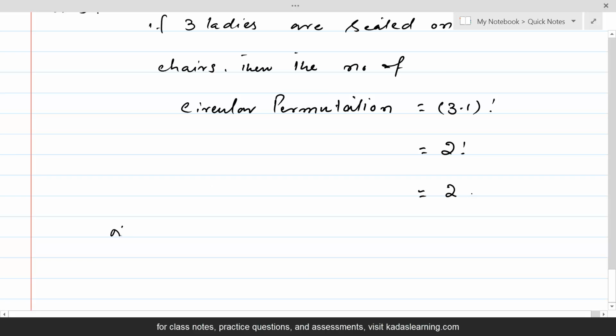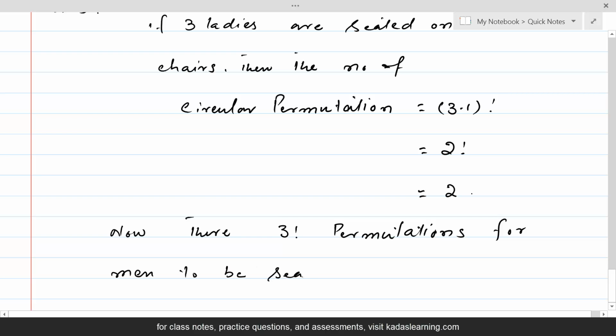Now there are 3 factorial permutations for men to be seated on alternate chairs.